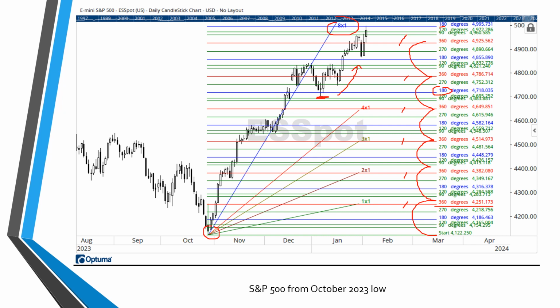Could we move higher? I don't see why we couldn't. And if we do move higher towards the 360 degree increment, that's going to take that S&P above 5,000. And there's people on Wall Street that are calling for 5,100, 5,200. Absolutely, we could get there, providing that Wall Street wants to keep pushing these magnificent large cap tech stocks.